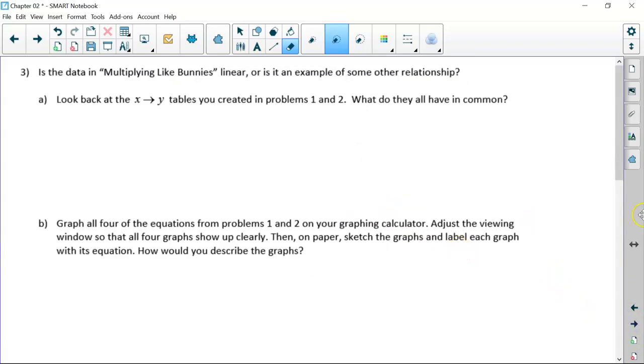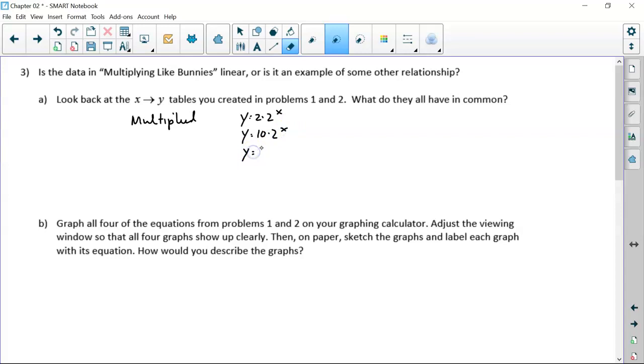So if you look back at the tables that we created in problems numbers 1 and 2, what do they all have in common? All of them are being multiplied by a constant. They're all going to be like y equals 2 times 2 to the x. Y equals 10 times 2 to the x.